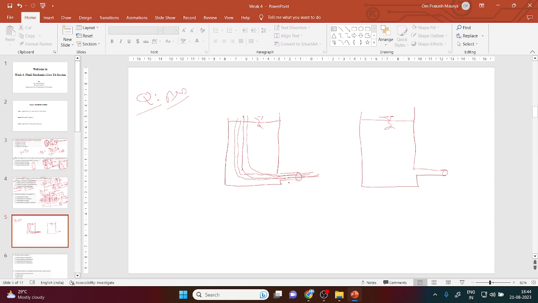For designing purposes, for unsteady flow, you are telling? Yes, sir, for unsteady flow. Definitely several equations are there. You can go through the Navier-Stokes equation. But the Navier-Stokes equation again has some problem because of non-linearity. Then you can go through some numerical methods for solving the non-linearity of the Navier-Stokes equation.